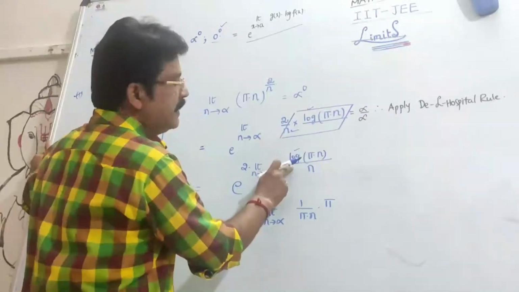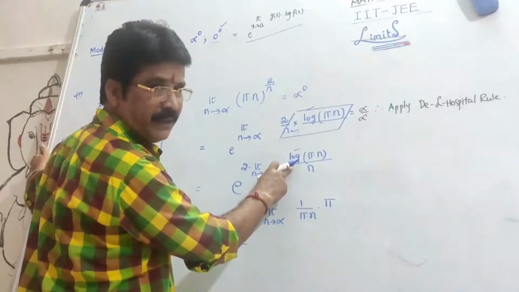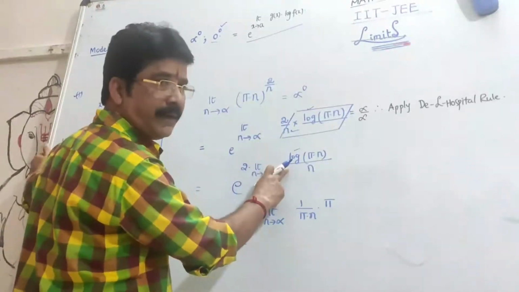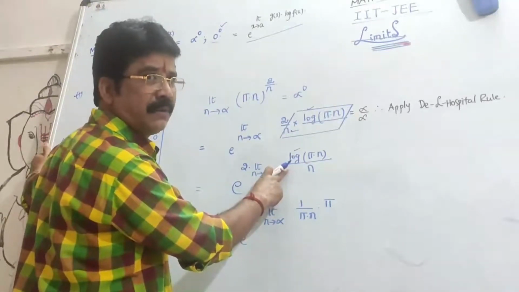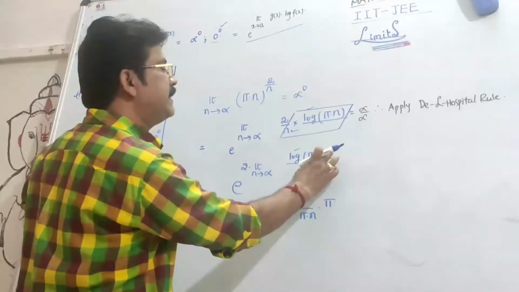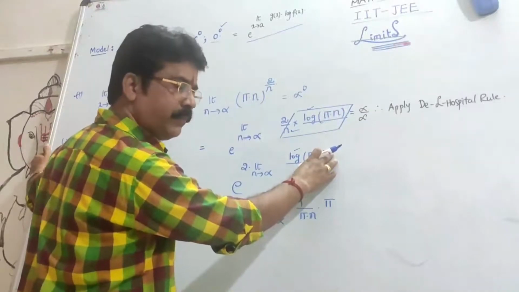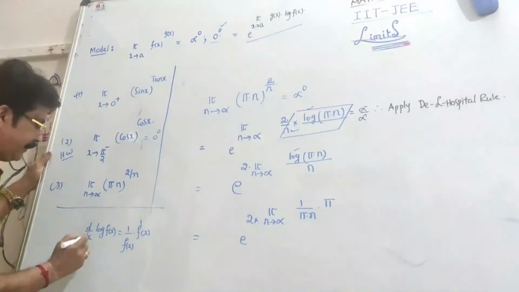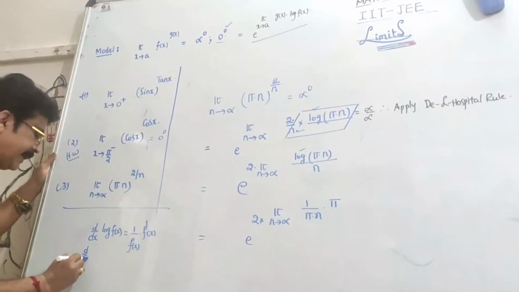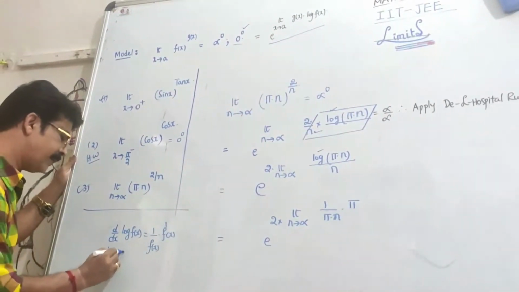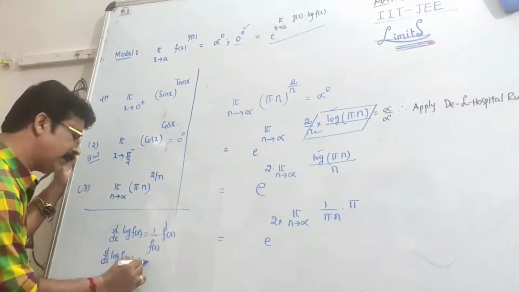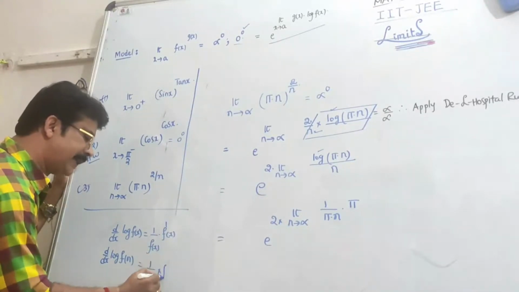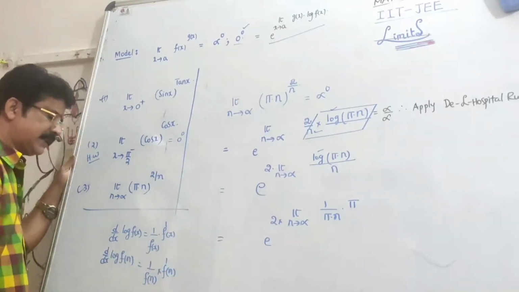Remember, observe this function. If it is in terms of theta, we have to differentiate with respect to theta. If it is in terms of alpha, we have to differentiate with respect to alpha. Now at present it is the function in terms of n, therefore we are differentiating with respect to n. Means d by dn of logarithm of f of n equals 1 by f of n into f dash of n, just like that.